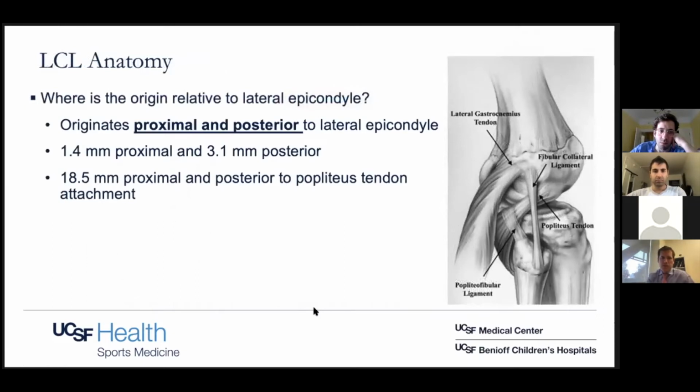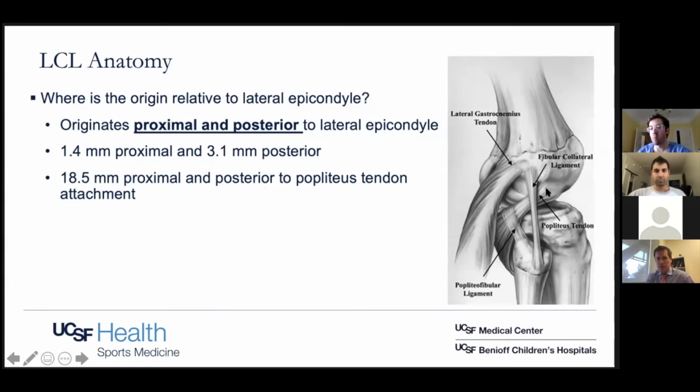And then the LCL originates proximal and posterior to the lateral epicondyle. So you should be able to find the lateral epicondyle, and then the LCL will be just slightly proximal and slightly posterior to it. The LCL is 18.5 millimeters proximal and posterior to the popliteus.